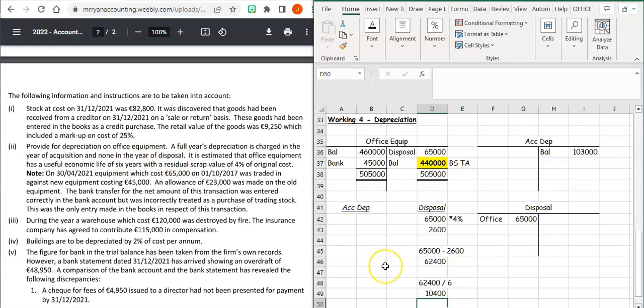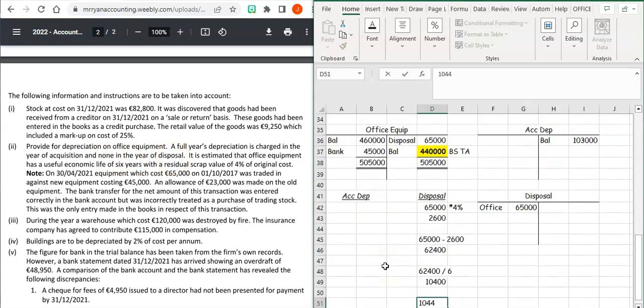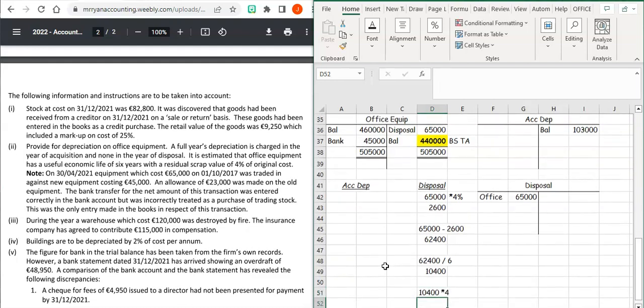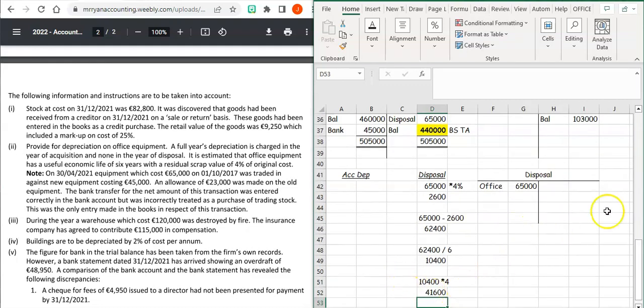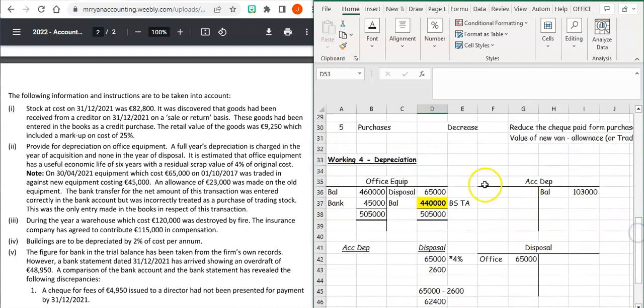So we're going to multiply this 10,400 by 4 years. And that's going to tell us how much the depreciation is. So 41,600, that's going to be your depreciation that has occurred on the office equipment.